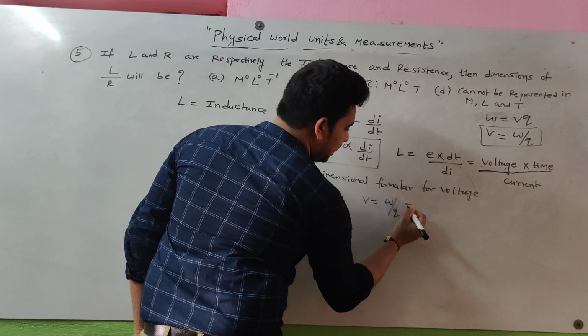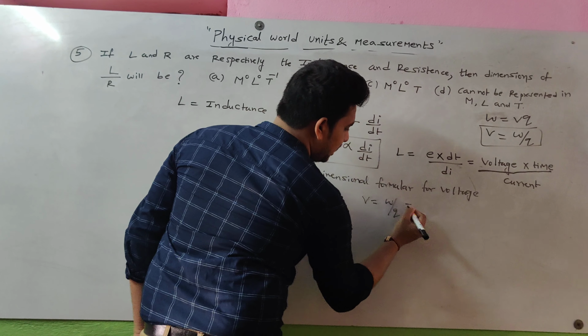Work done is M L square T power minus 2, because it is Newton into meter. M L T power minus 2 is a Newton, into meter means L, so M L square T power minus 2 is the dimensional formula for work done.